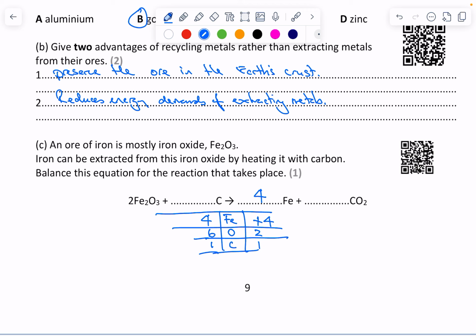If I want to get 6 oxygens, then what I need to do is put a 3 in front of this, and that gives me 3 times 2 is 6 oxygens, but it also gives me 3 lots of carbon. And therefore, I'm going to have to put a 3 in front of that to also give me 3 lots of carbon. So my answer is 3 carbons, 4 irons, and 3 carbon dioxides.